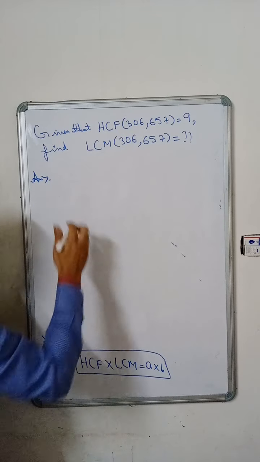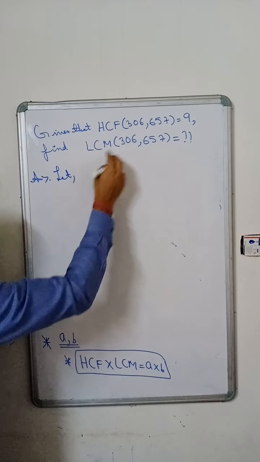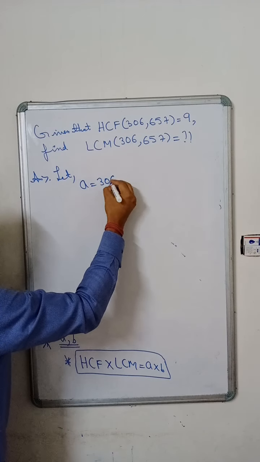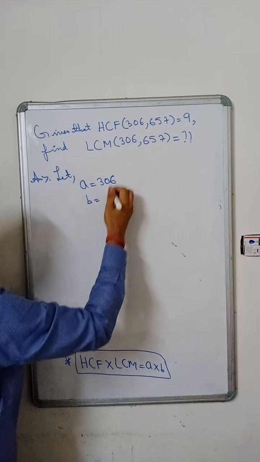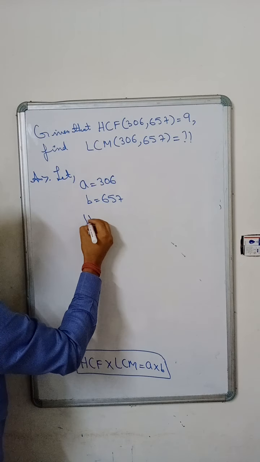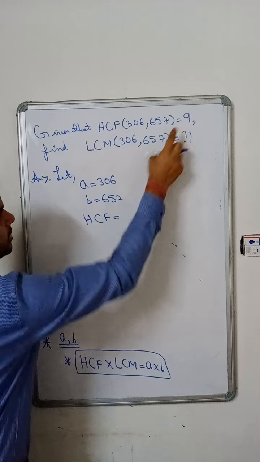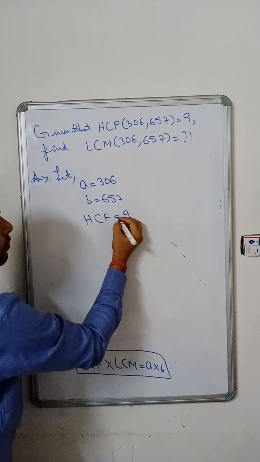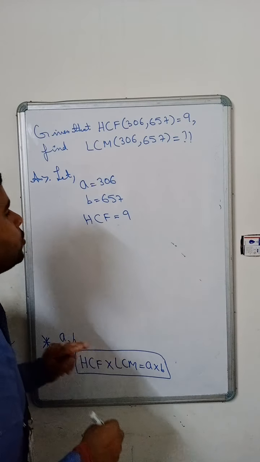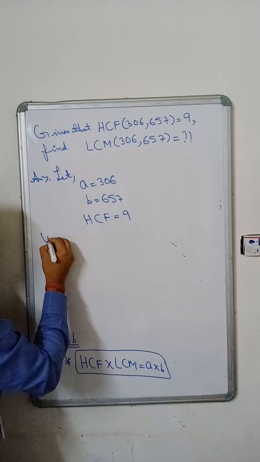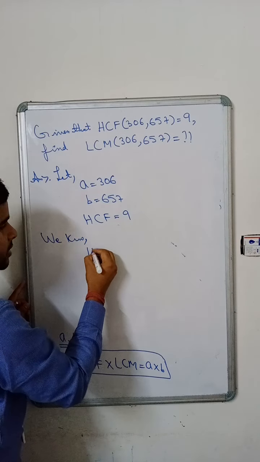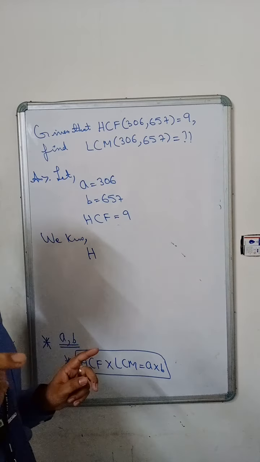Now see everyone, let us assume these two numbers, any one as A, other one as B, that is 657, and the HCF of these two numbers is known to us, which is 9. So without finding LCM by using the prime factorization method, what we are going to do in this sum is apply this observation, made when we have two integers, not more than 2.